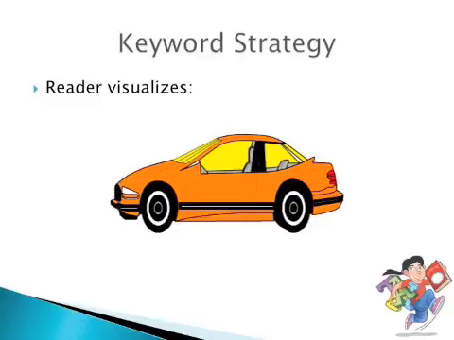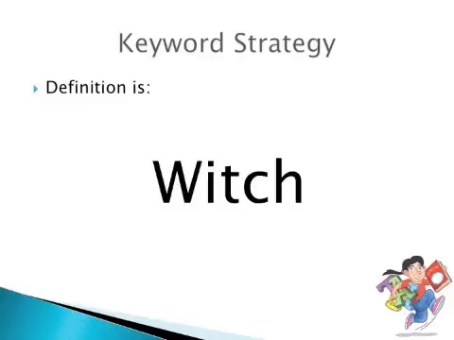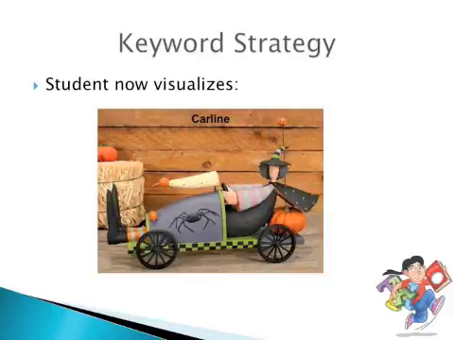Most readers would visualize a vehicle, car. You reveal the true definition of the word. Then the reader visualizes the vocabulary and both the actual and the keyword visuals. This strategy works best when the word to be learned can be connected to content already in long-term memory.